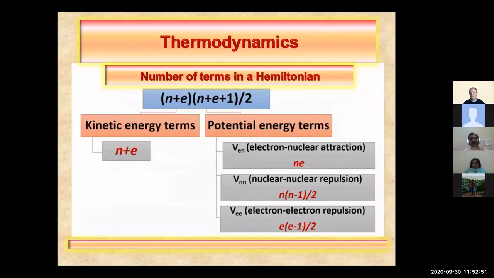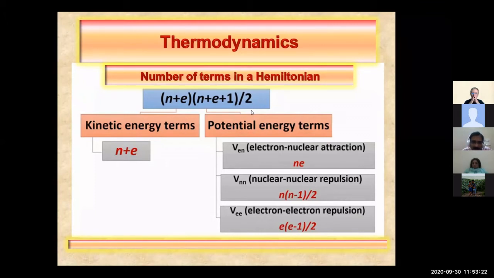So in general, how many terms would there be for an electron and nucleus system? Suppose n is the number of nuclei and e is the number of electrons. Then the total number of Hamiltonian terms can be estimated as (n+e)(n+e+1)/2. Here we can look at the breakdown as well.